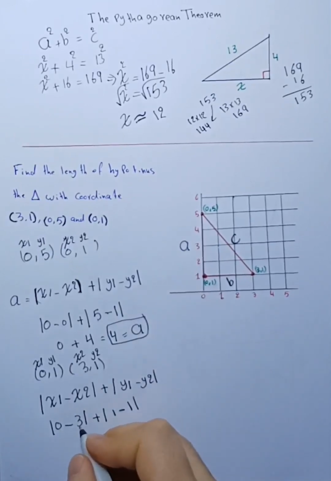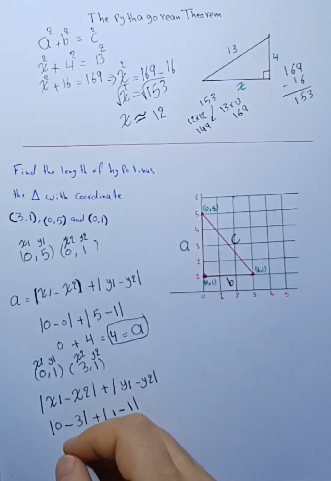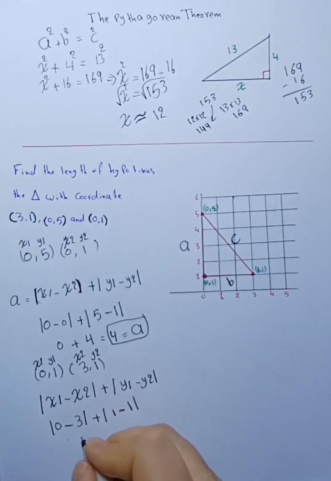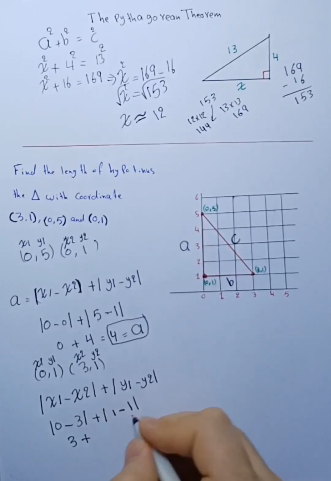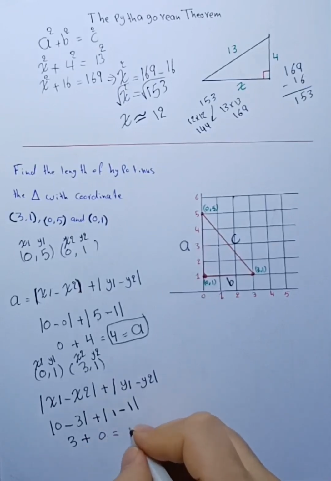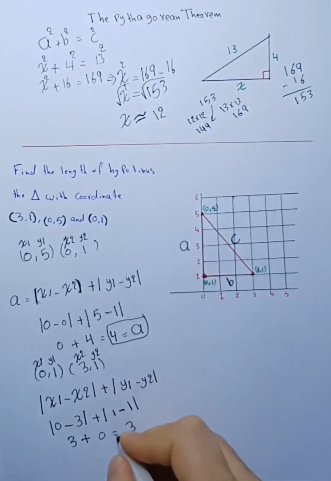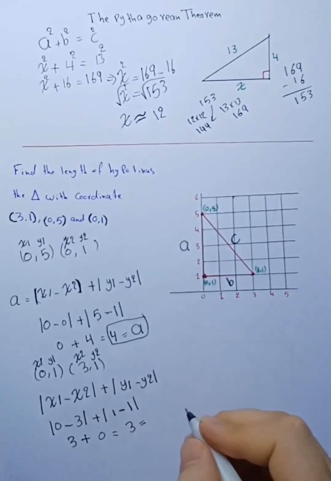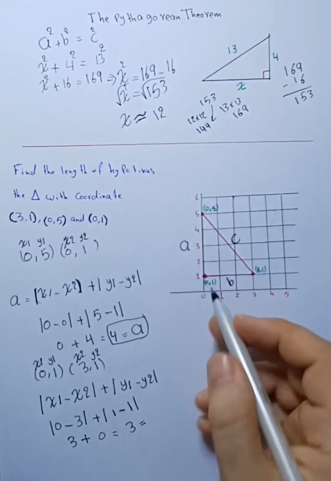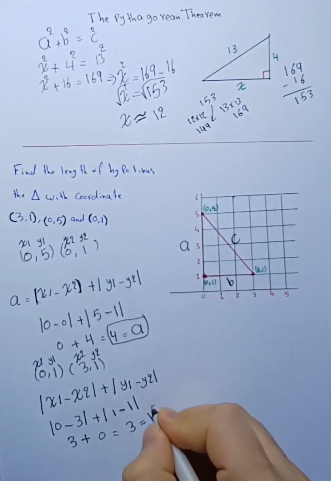So 0 minus 3 is minus 3, but the absolute value of minus 3 is only 3. After that, plus 1 minus 1 equals 0. So 3 plus 0 is 3.